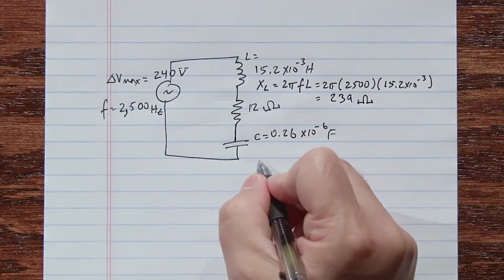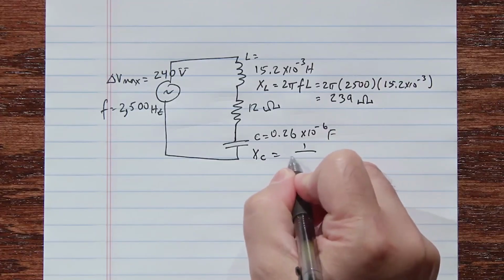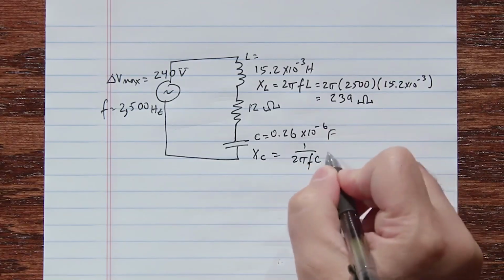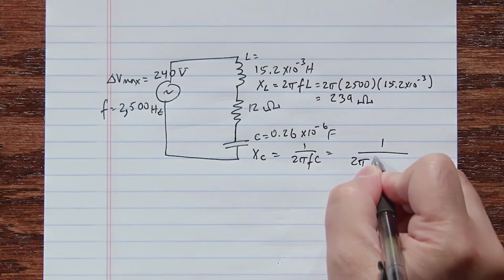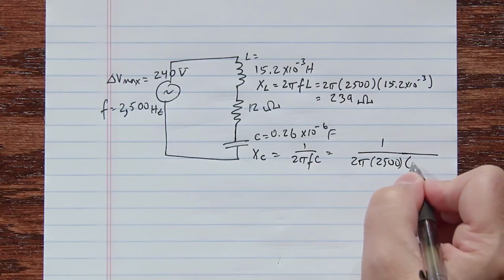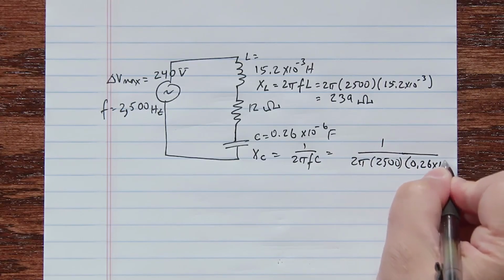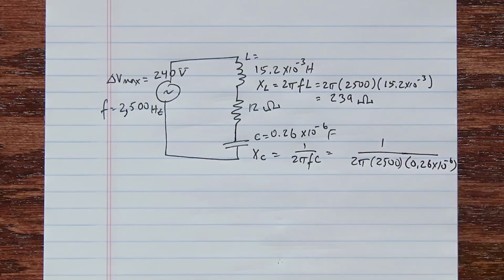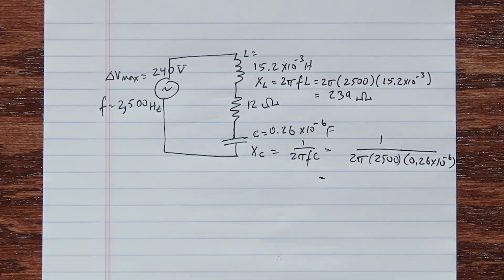ohms. And our capacitive reactance, X sub C, is 1 over 2 pi f C, which would be 1 over 2 pi times 2,500 times C, 0.26 times 10 to the minus 6. And what is that equal to?